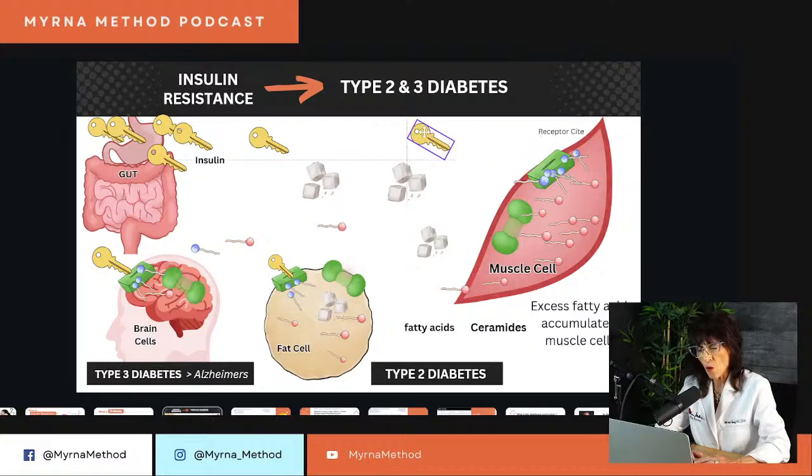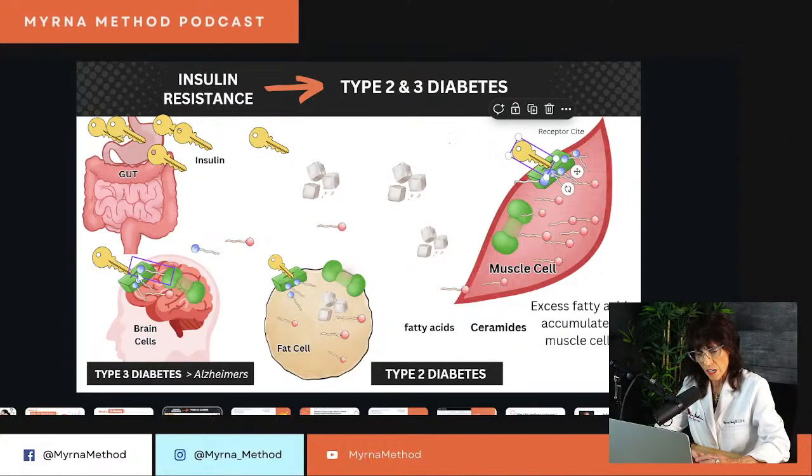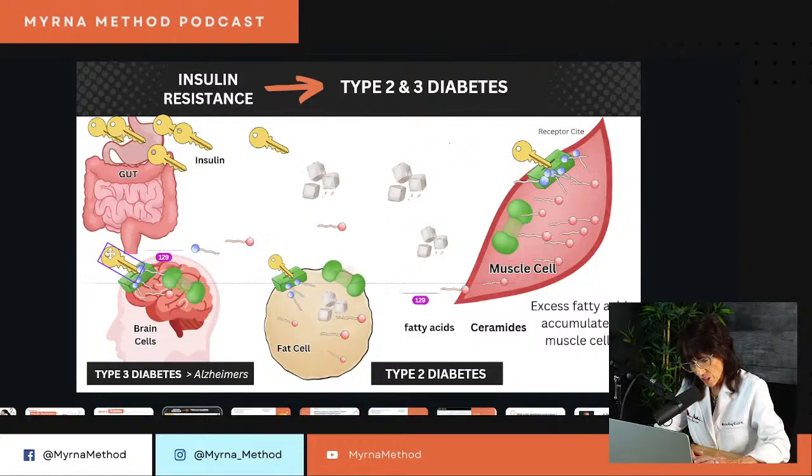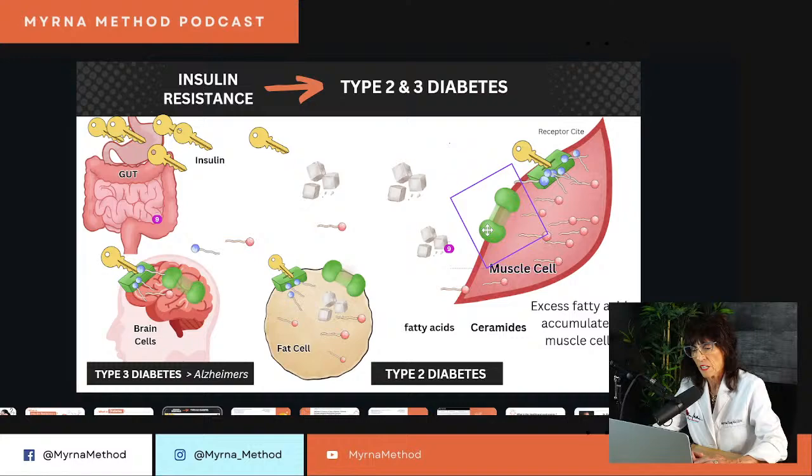And as I said before, insulin rushes to muscle cells and certain neuronal cells, attaches to the receptor site, sends a message through the cell, and brings the transporter to the surface of the cell. And when that transporter is at the surface of the cell, wonderful things happen. Number one, sugar is allowed in the muscle cell.